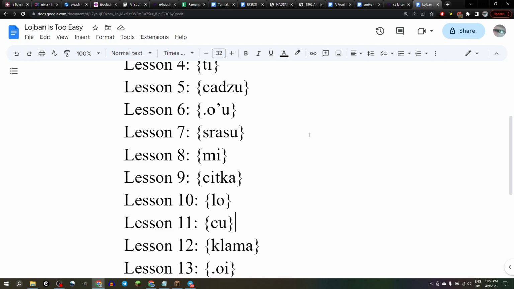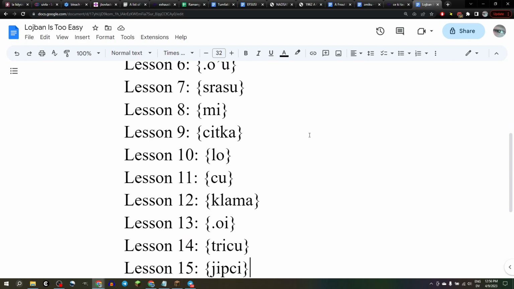Sometimes if we want to use lo to make something the subject, we're going to need a shu, but that sounds more complicated than it is. You say sentences like lo lanme shu klama, the sheep goes, because klama is a word we learned that means to go to, from, via, using.